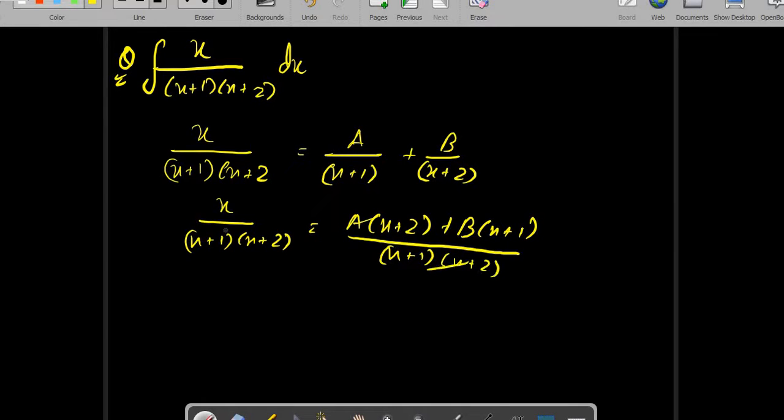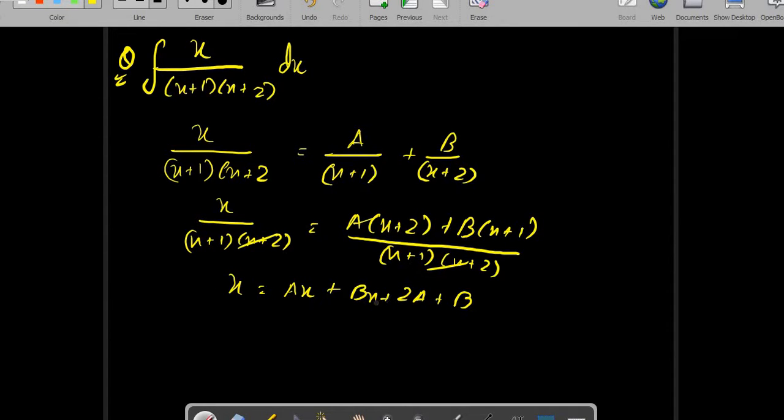I know these steps are pretty easy, but for those of you who haven't revised it, this would be a warm-up question. So I'll directly write it instead of wasting time. We'll just open the brackets: Ax plus Bx plus 2A plus B. Let's write the like terms together. Now compare.